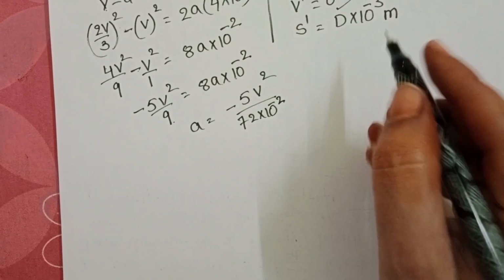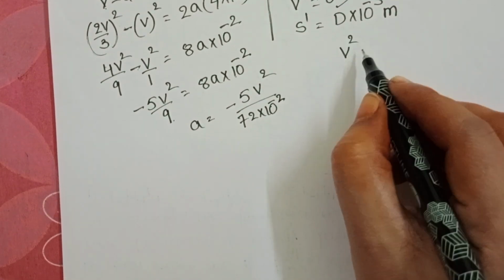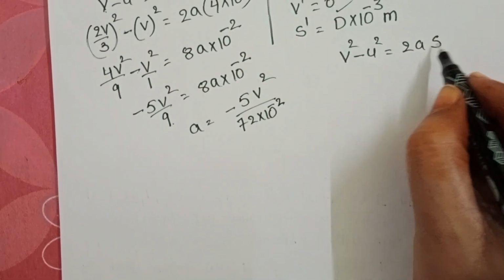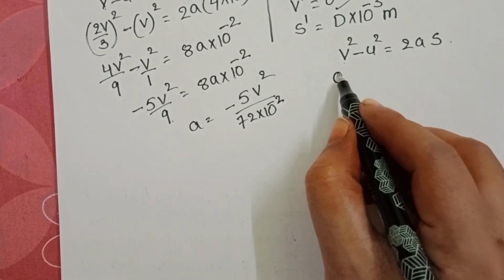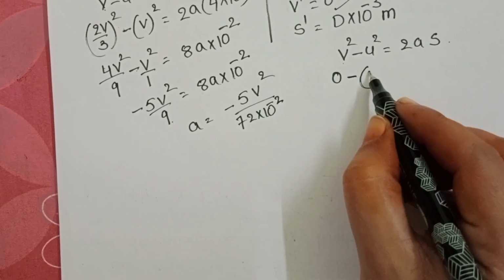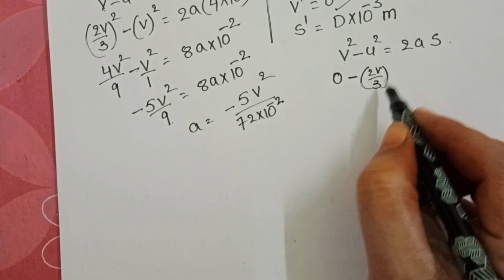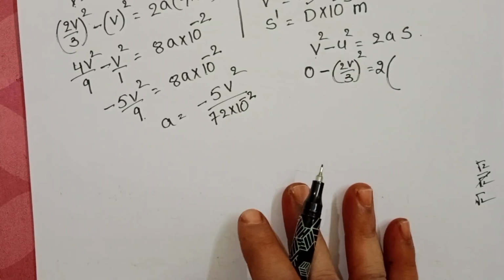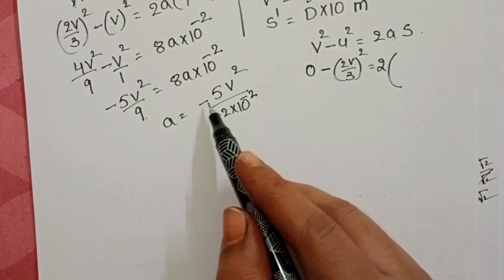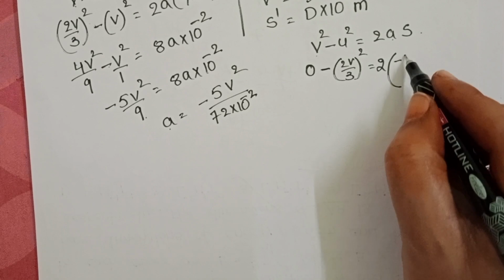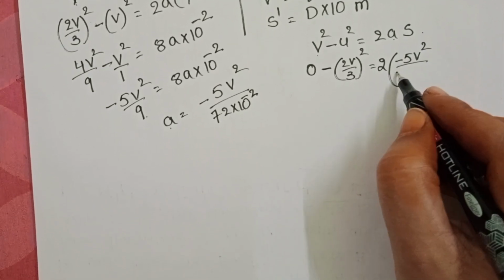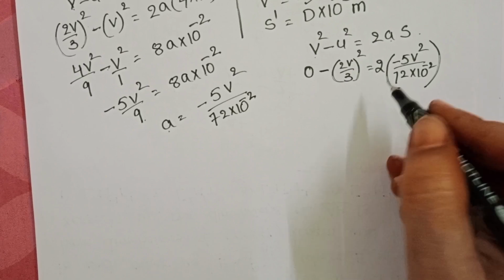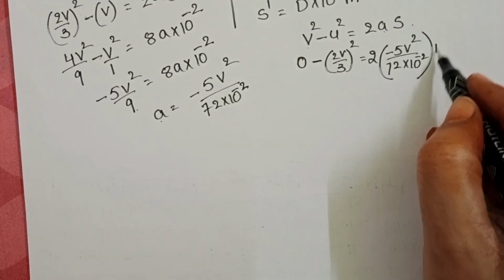And in second case, take once again equations of motion v square minus u square equals to 2as. Here final velocity 0 and initial velocity is (2v by 3) whole square. 2 into a; the bullet is moving with the same acceleration in both the cases. So substitute a equals minus 5v square by 72 into 10 power minus 2, and distance d into 10 power minus 3.